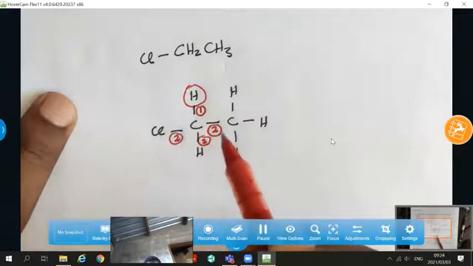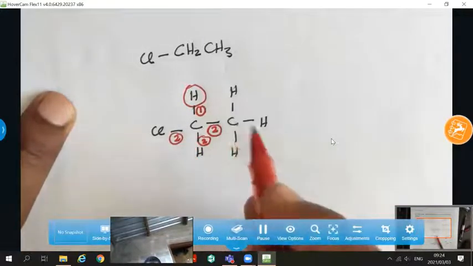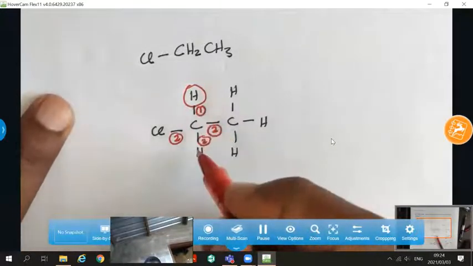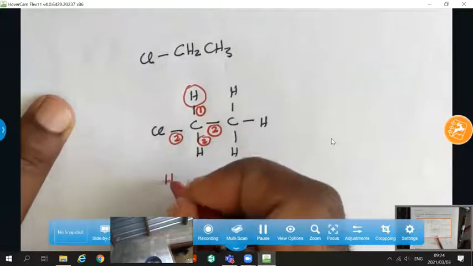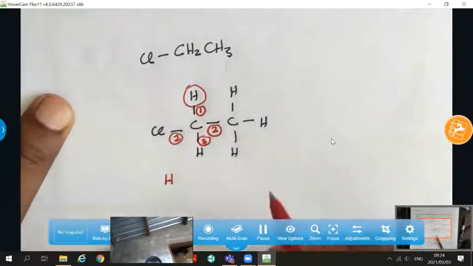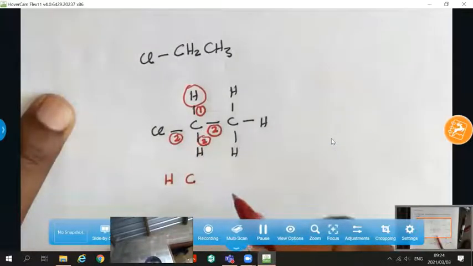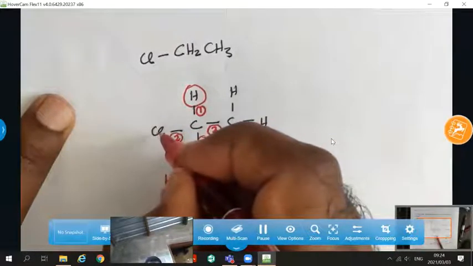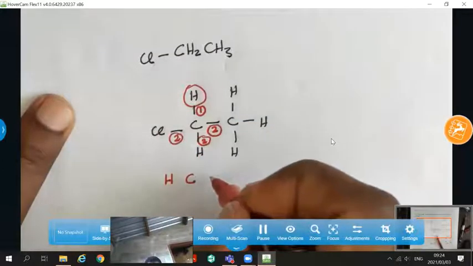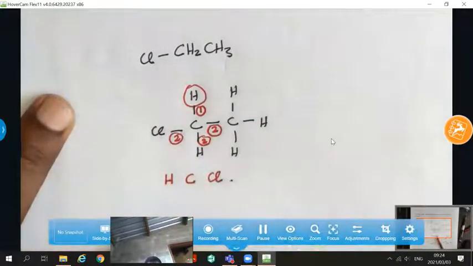So I have 3 atoms that are 2 bonds away. The first atom that's 2 bonds away is a hydrogen atom, the second is a carbon atom, and the third is the chlorine atom.